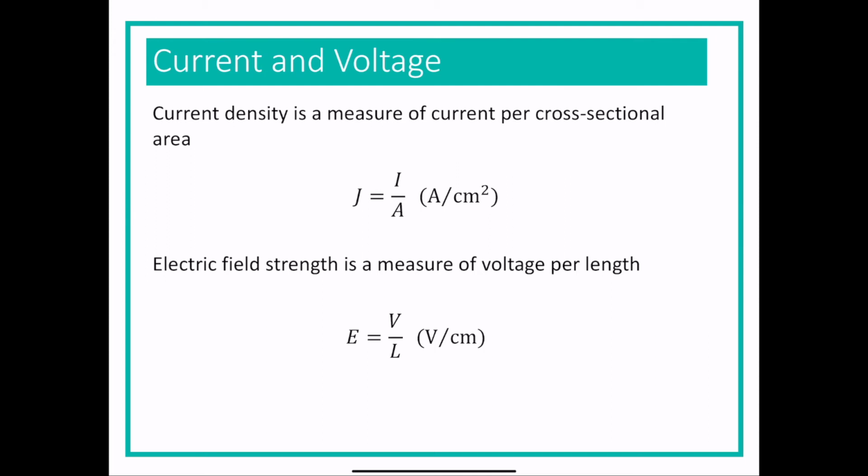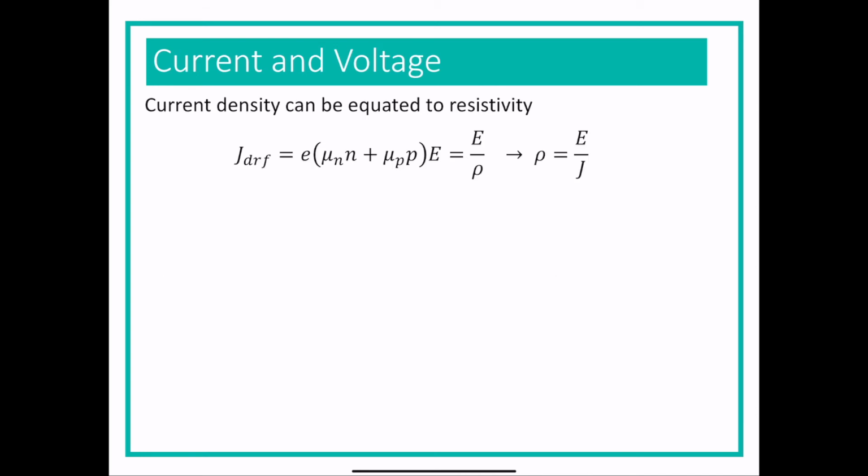Voltage is per unit length, current is per unit area, and density is like a per volume. So we know these values, and now we can relate them to figuring out voltage and current for a chunk of silicon.